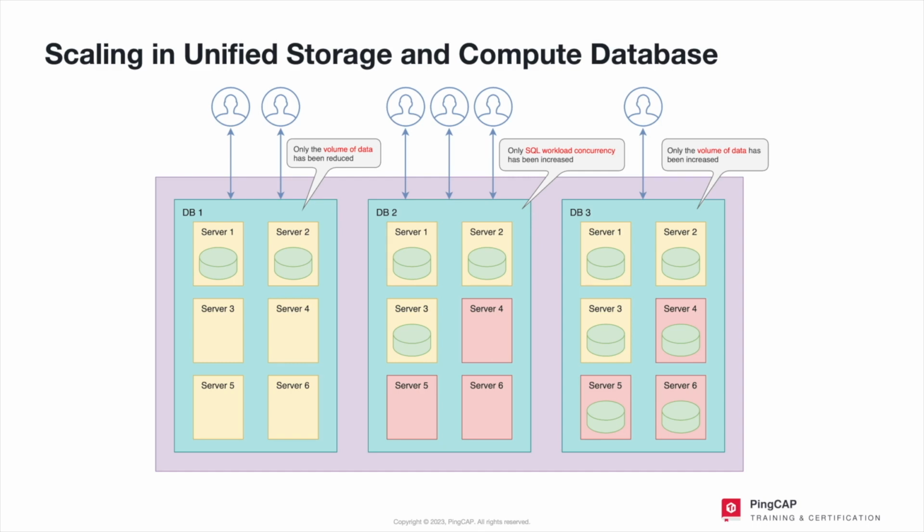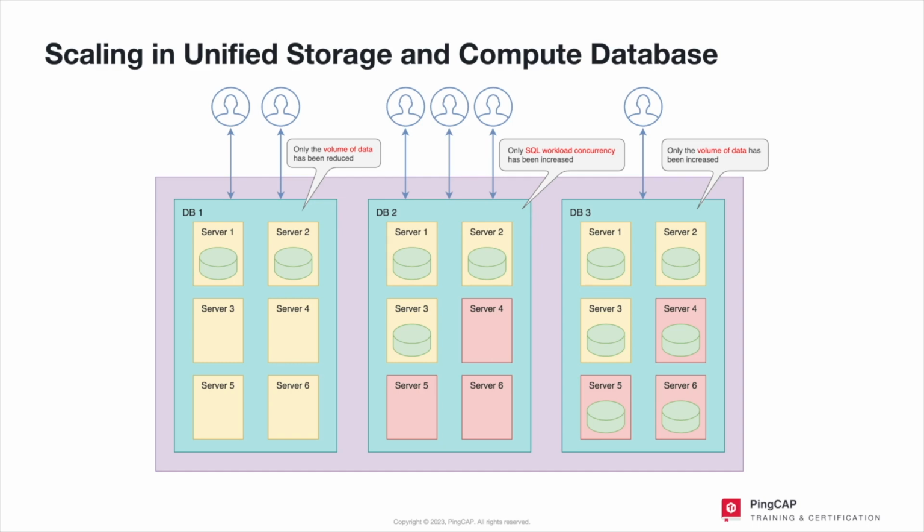Similarly, although the data volume on DB2 tenant has not changed, the SQL load is increased, causing an increase in QPS and requiring more CPU computing power. In this situation, we must increase the number of servers. This will fix the data volume issue, but will add unneeded compute capacity to the environment, making it more expensive and potentially harder to manage.